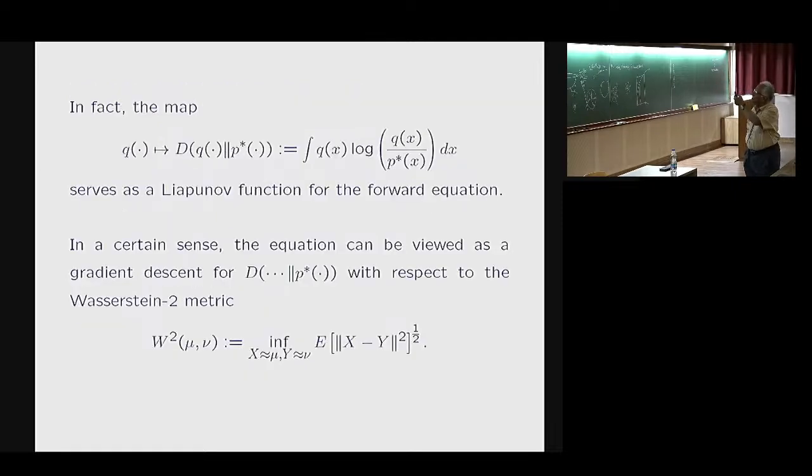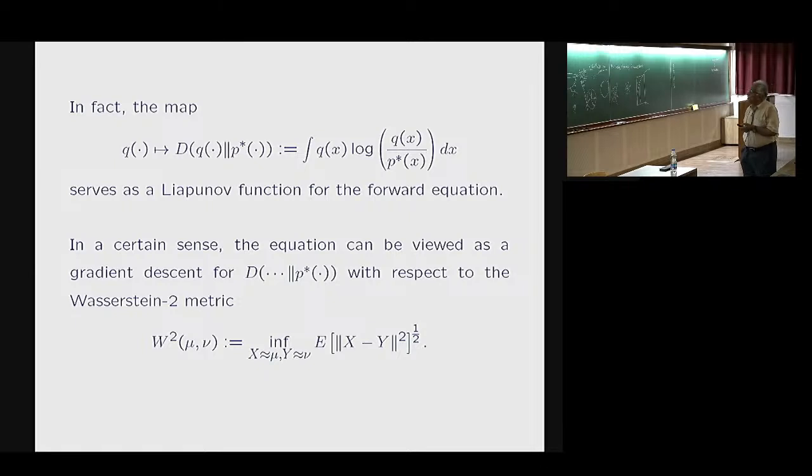So like Markov chains, you have this Lyapunov function, namely the Kullback-Leibler divergence with respect to the stationary distribution, which serves for the forward equation, the equation for the density in the forward direction. And this will tell you that it will converge to P star with this as a Lyapunov function.